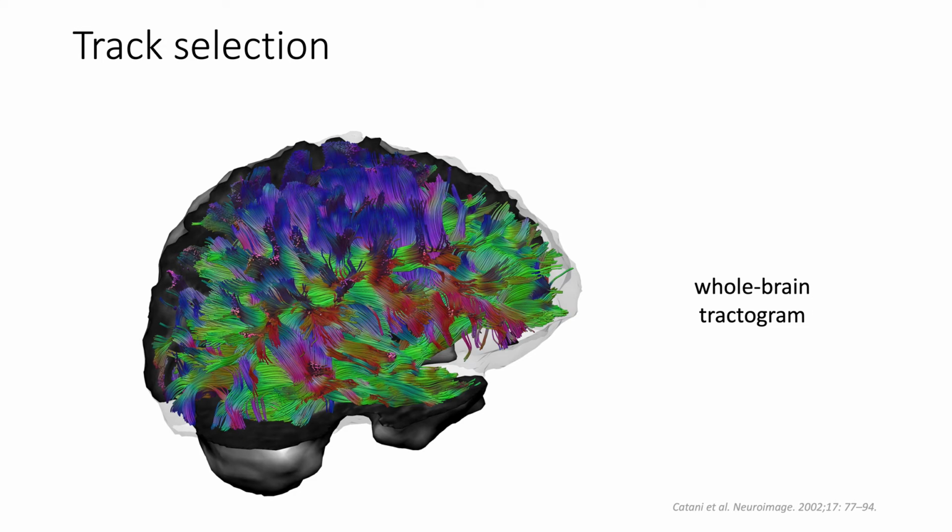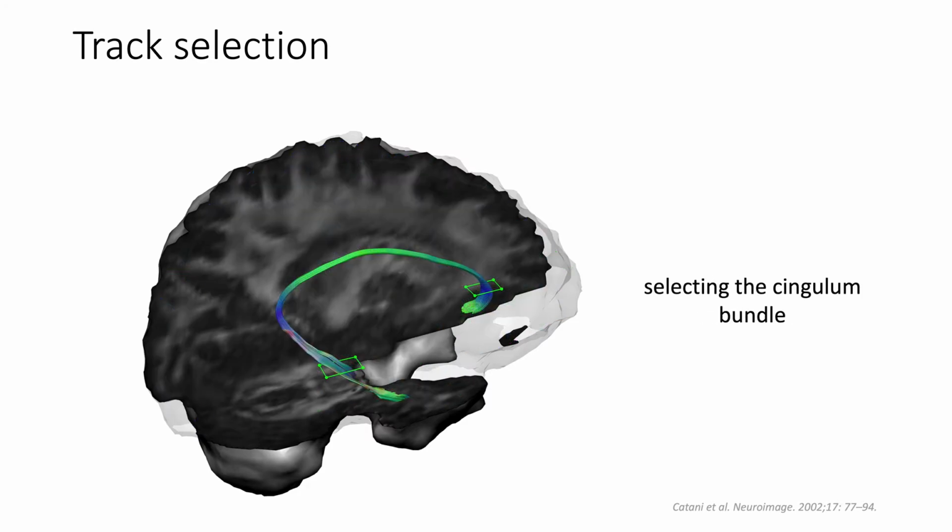Beautiful as these whole brain tractograms are, people will often want to look at just one specific bundle at a time. This is where track selection comes in. Typically, track selection is performed by defining regions of interest through which the bundle is known to pass. Tracks that don't pass through these regions are discarded, keeping only the bundle of interest.